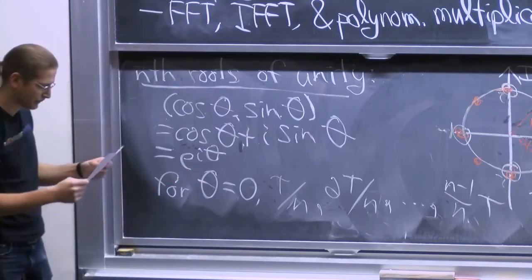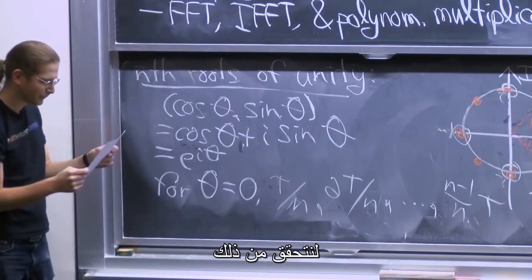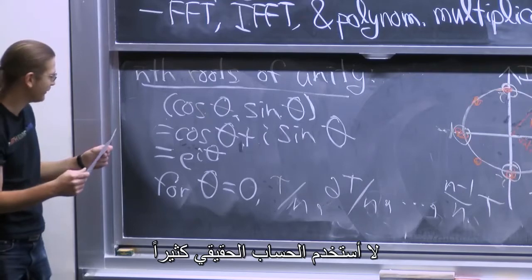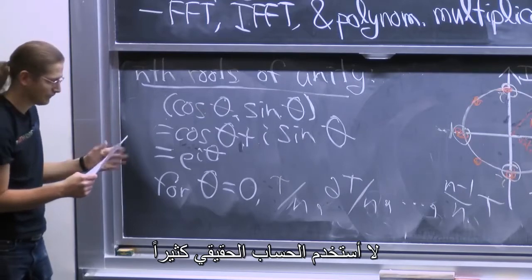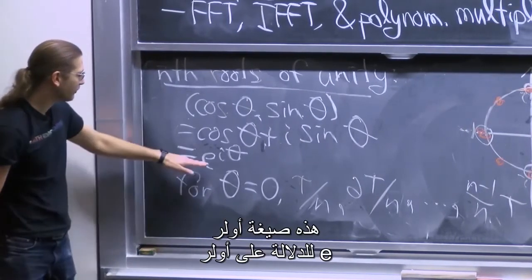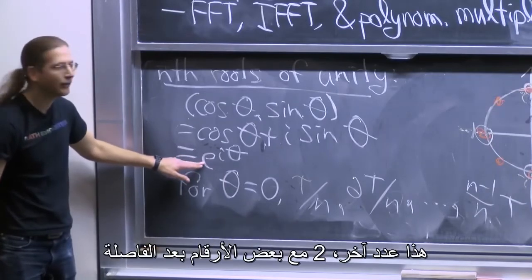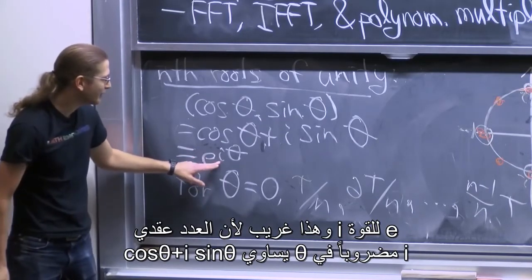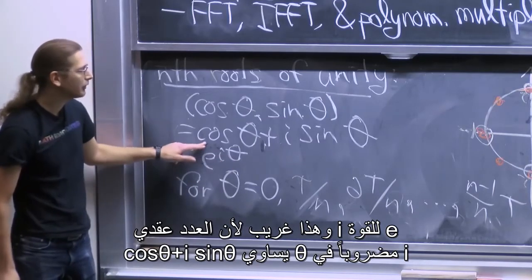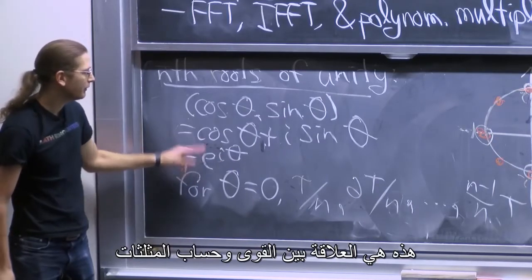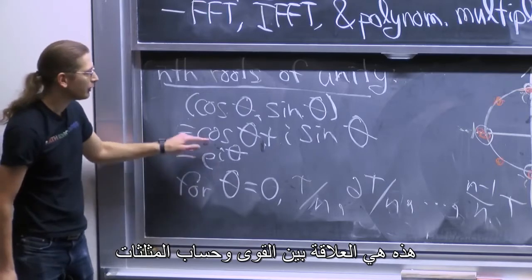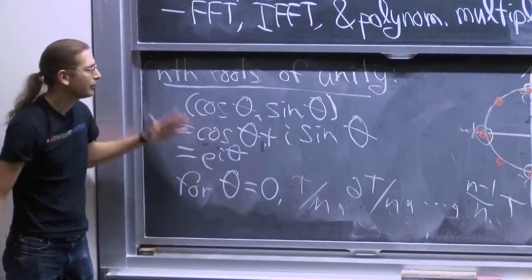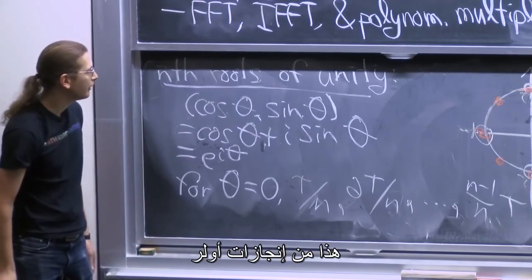Right? Double check. It's so rare that I get to do real calculus. This is Euler's formula, e for Euler. Another number, 2 and change. e to the i, this is funny because it's complex, times theta is equal to cos theta plus i sine theta. This is the relation between exponentials and trigonometry. That's a big thing Euler did.